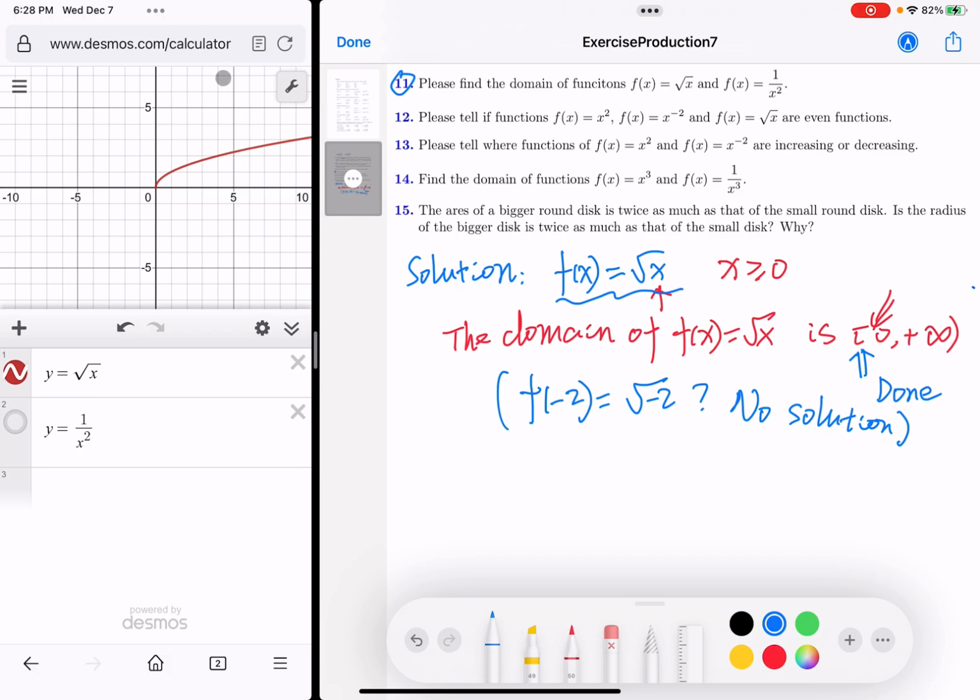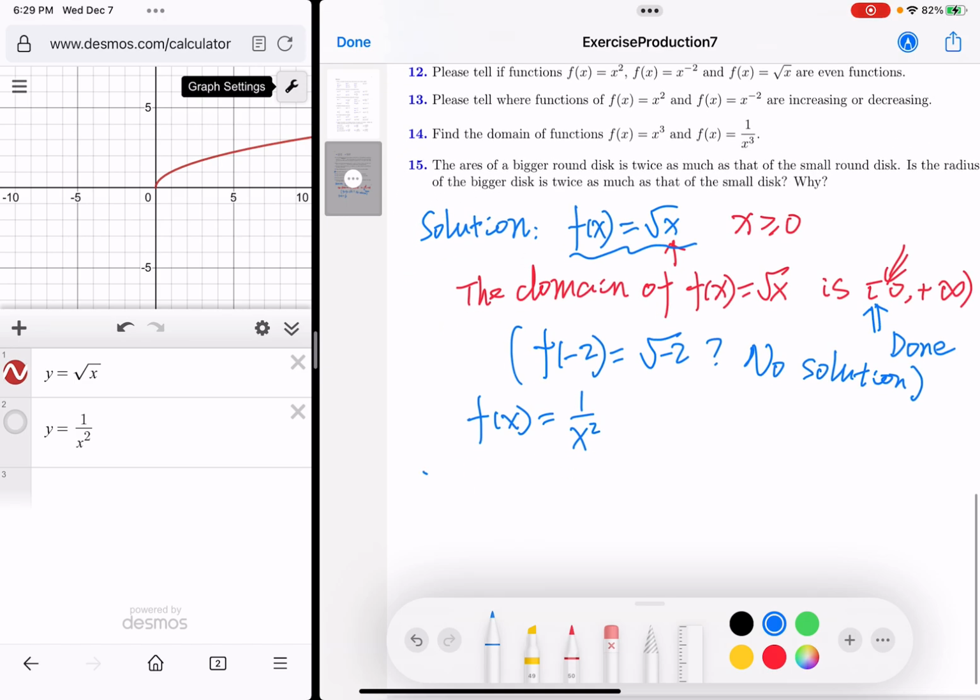And how about the domain for f of x equals 1 over x squared? We know for f of x equals 1 over x squared, the denominator cannot be 0.